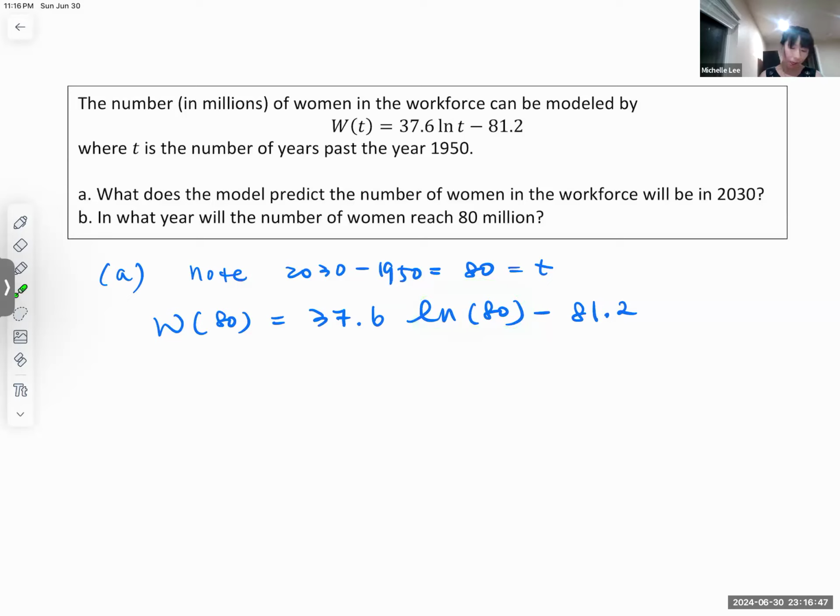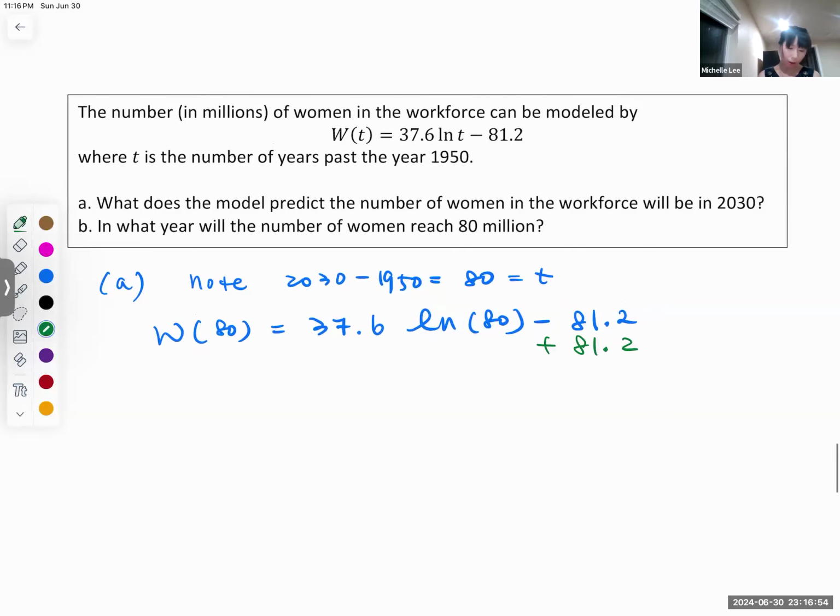Now, sorry about that, we're not solving, right? We need to calculate when t equal to 80. All right, so if we calculate everything using decimals, then we get 83.56. It's millions.